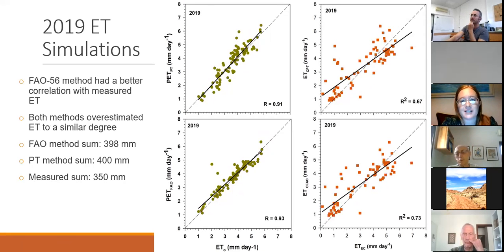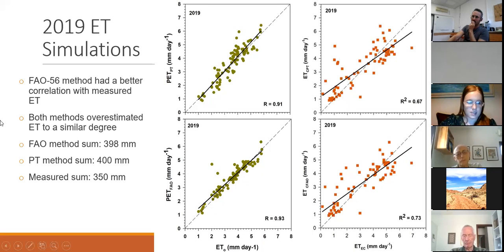So finally, 2019. The 2019 results are a little bit different. In 2019, we actually had better correlations with the FAO56 method, and we also had a closer match between the estimated sum with the FAO56 method.